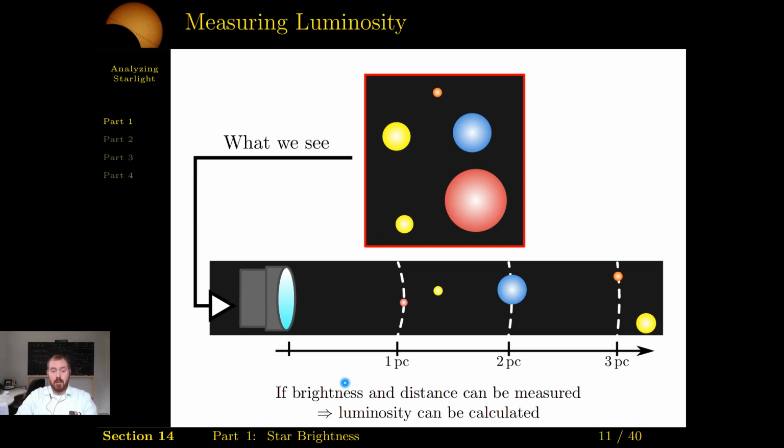If we can measure the distances, we can calculate how powerful these stars are. We can say, hey, this picture that we see here is equivalent to one star. The red star is 1 parsec away. The blue star could be 2 parsecs away. Orange is 3. Right? We do this combination of connecting the brightness and the distances to get how luminous the stars are.